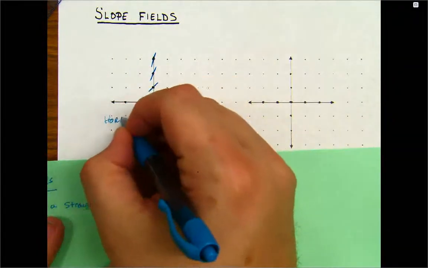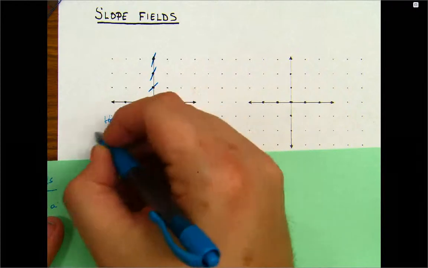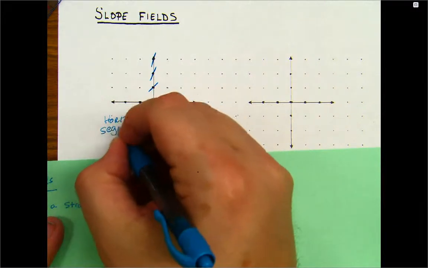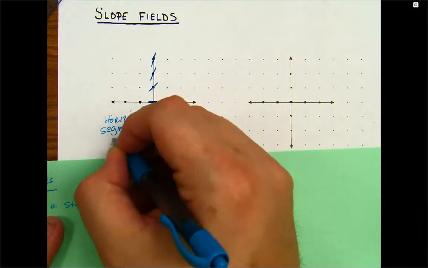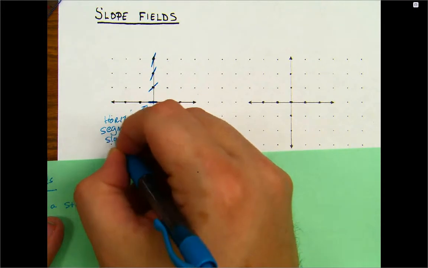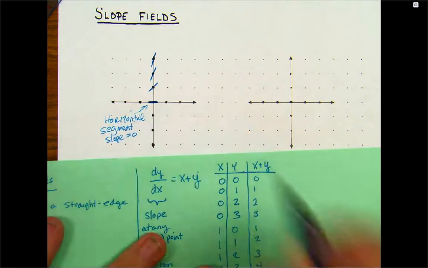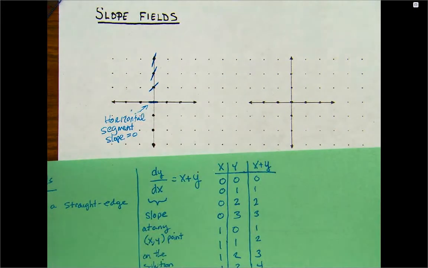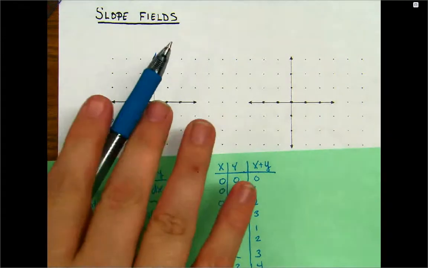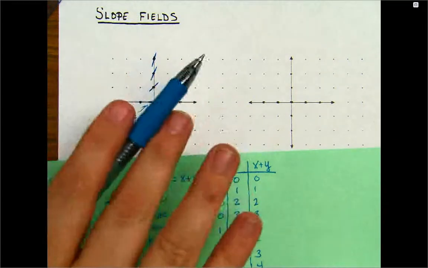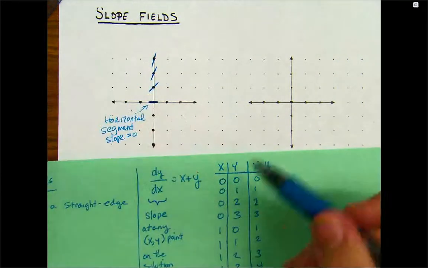If you see a horizontal segment, your slope is 0. And now you can tell that the slope is increasing at every point here. So I've taken care of those first 4.